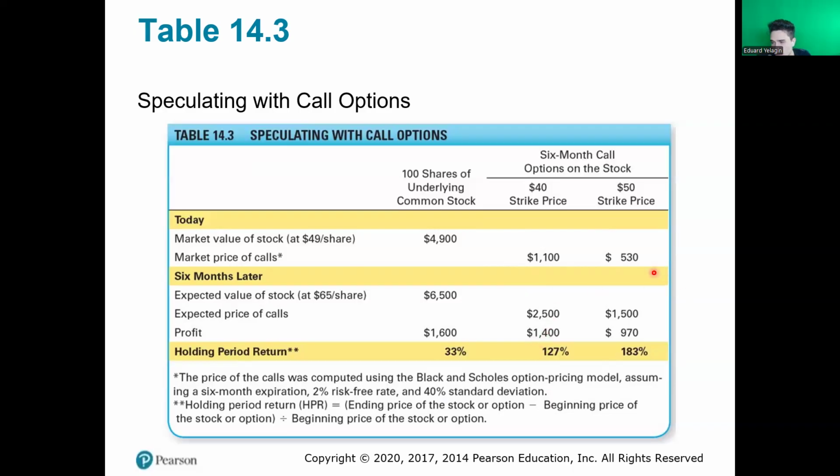If the strike price was $50, let's say, and you paid only $5.3 per contract, then your returns will be even higher, 183%. So this again illustrates the point that usually options are associated with very high returns, but these high returns are associated with very high risks.